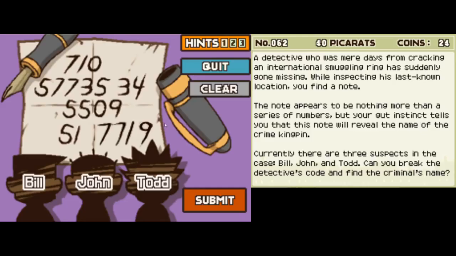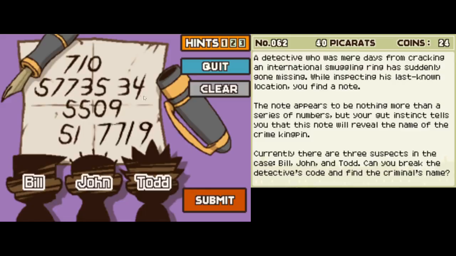Alright, so basically we have to flip the note over, and we may find the correct answer. Let's see. I'm looking at, let me see. Okay, so I have to flip the note over.